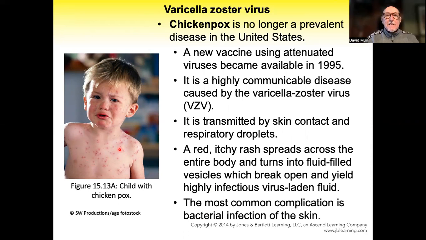It will very rapidly spread through a population of children. It's transmitted by direct contact, skin on skin, but also by respiratory droplets, which is a little bit unusual for the herpes viruses, which usually require intimate contact of some sort.